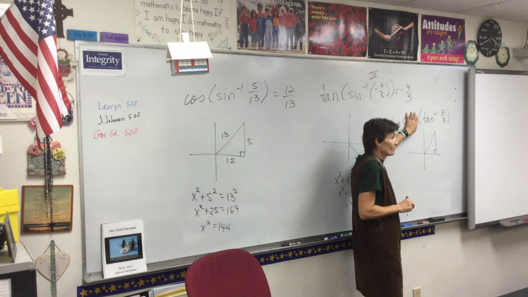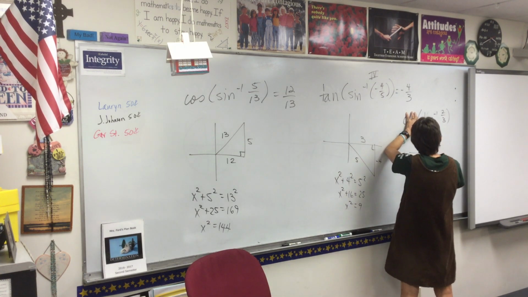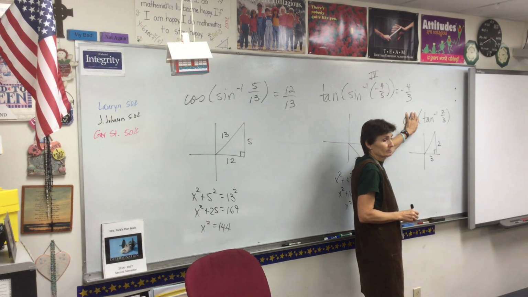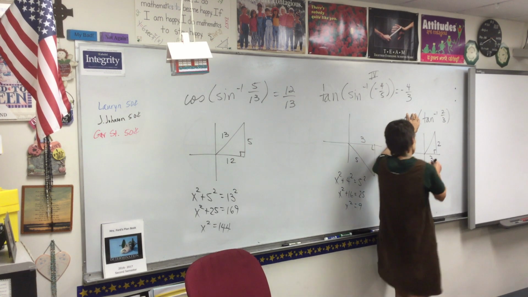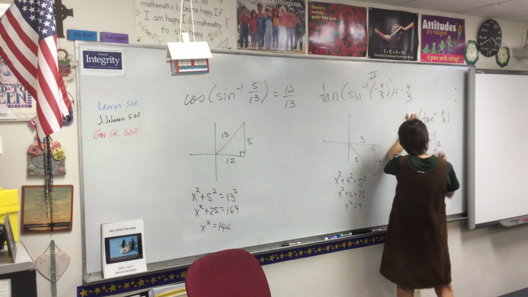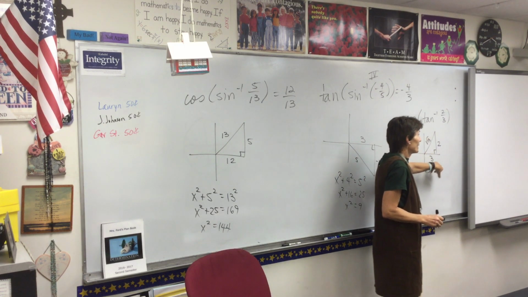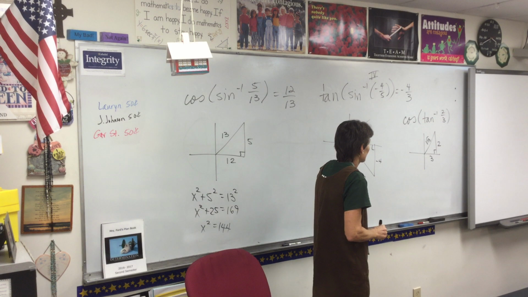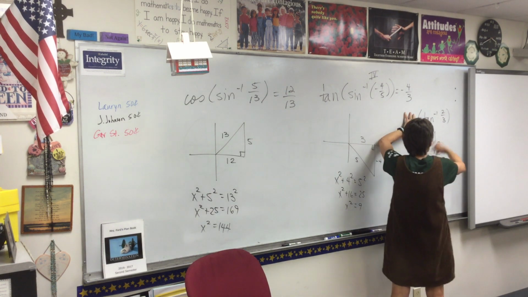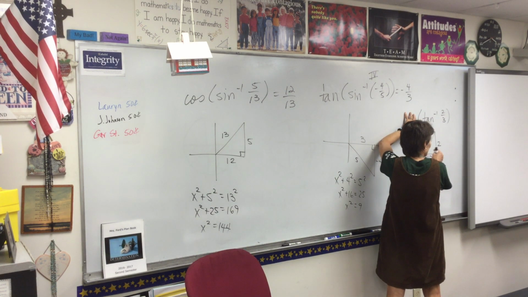What's tangent? Opposite over adjacent. So can you see a radical coming in? What's it going to be for that hypotenuse? Root 13. How did we get root 13? 9 plus 4. So here's my picture.